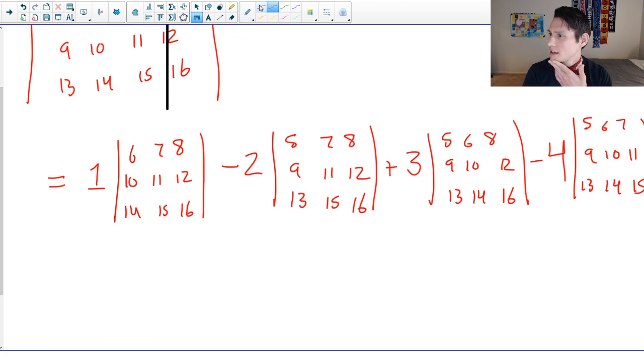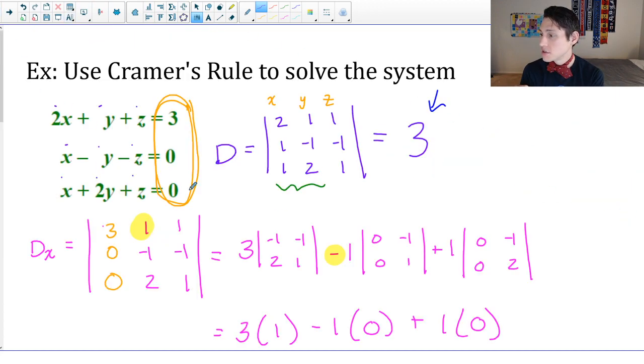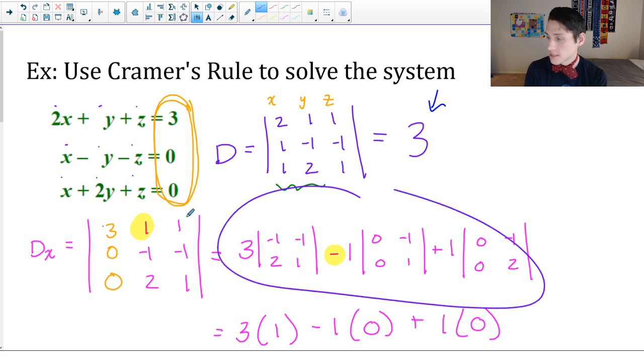now look here. Now we have a problem where there's 4. These are all 3 by 3 determinants. So now for each one of these, we would have to go through and do the 3 by 3 determinant process.